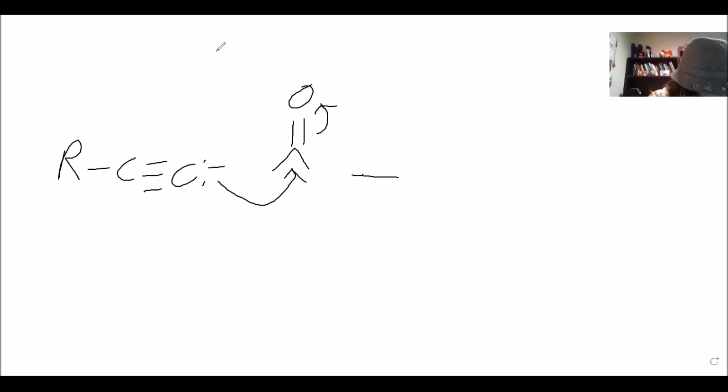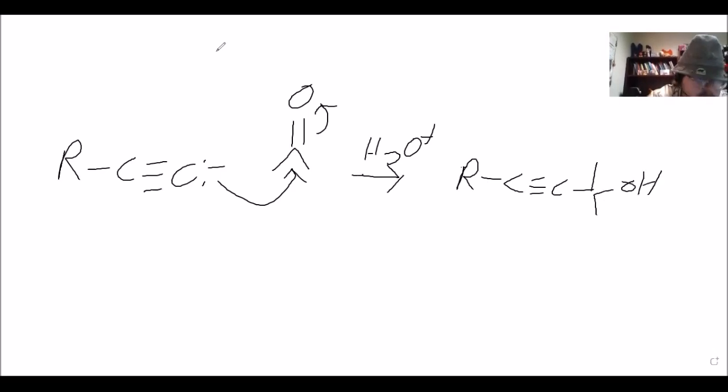Then in the presence of water or an acid, we can form an alkenyl alcohol. In this case, if I'm attacking an acetone or something like that, a ketone, we would be forming a tertiary alcohol.